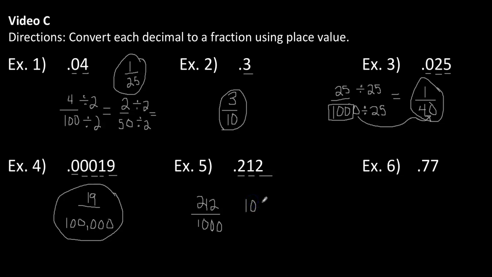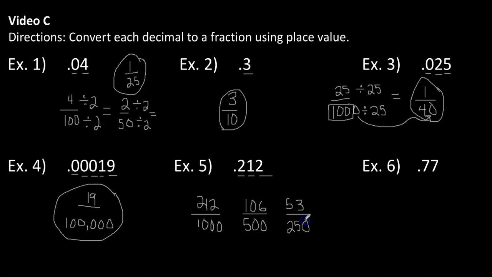So 212 divided by 2 is 106, and 1,000 divided by 2 is 500. And then again, I'm going to divide the numerator and the denominator by 2 because they are both even numbers. So half of 106 is 53, and half of 500 is 250.